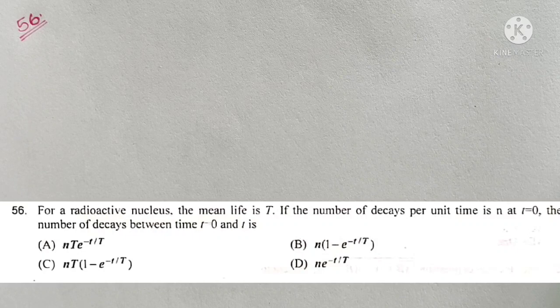Question number 56. For a radioactive nucleus, the mean life is capital T. If the number of decays per unit time is small n at t equal to 0, the number of decays between time t equal to 0 and time small t is.